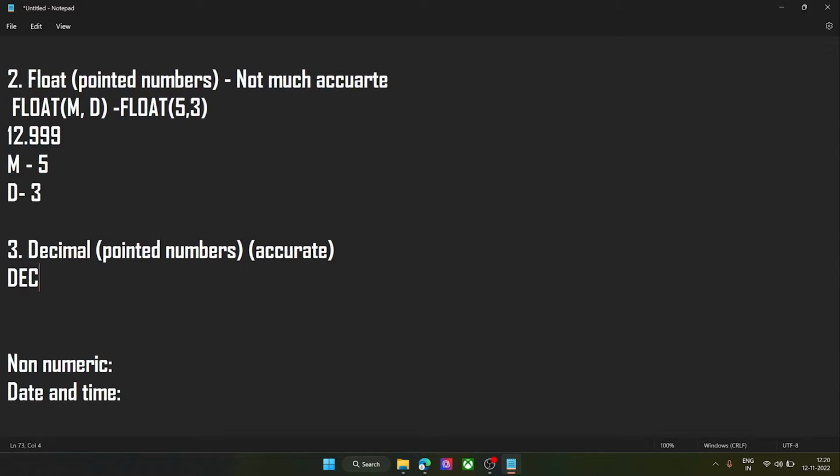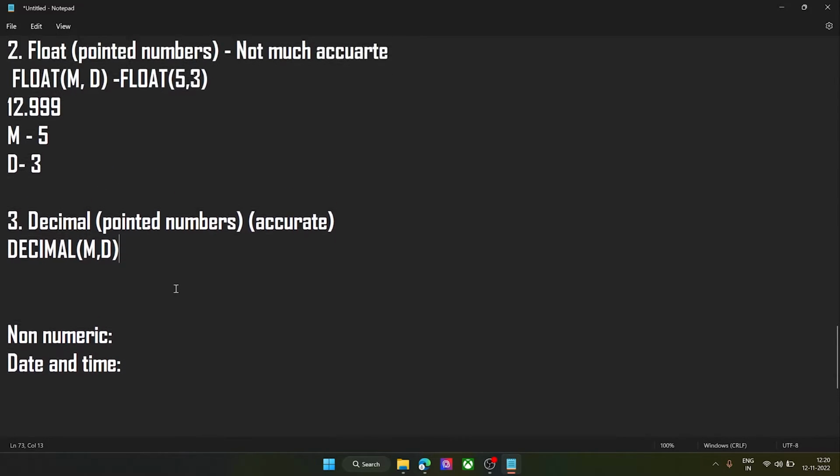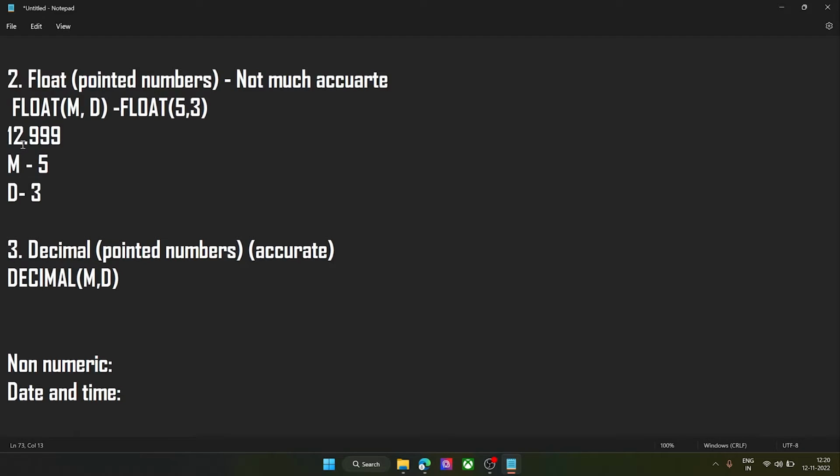Decimal also has the same form, decimal of M comma D, where M stands for the total number of digits and D stands for how many digits you have after the point.